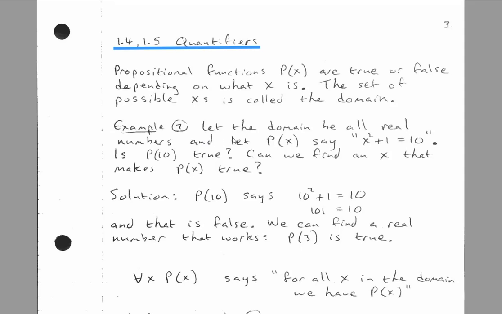Okay, example 7. Let the domain be all real numbers, and let p of x say x squared plus 1 equals 10. Is p of 10 true? That's the first question. Second question, can we find an x that makes p of x true?